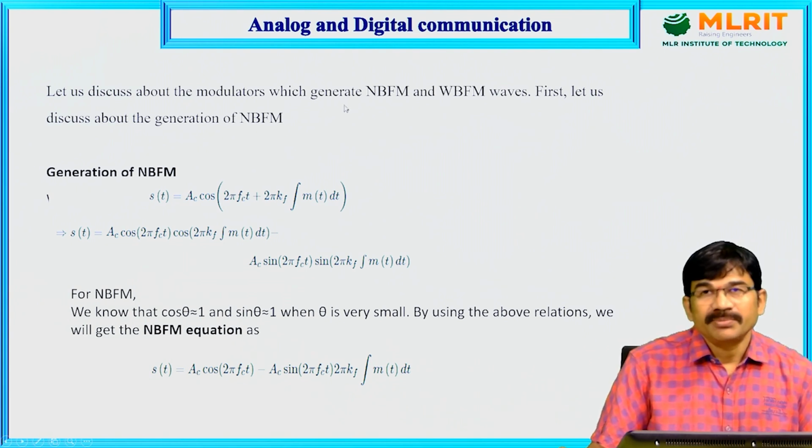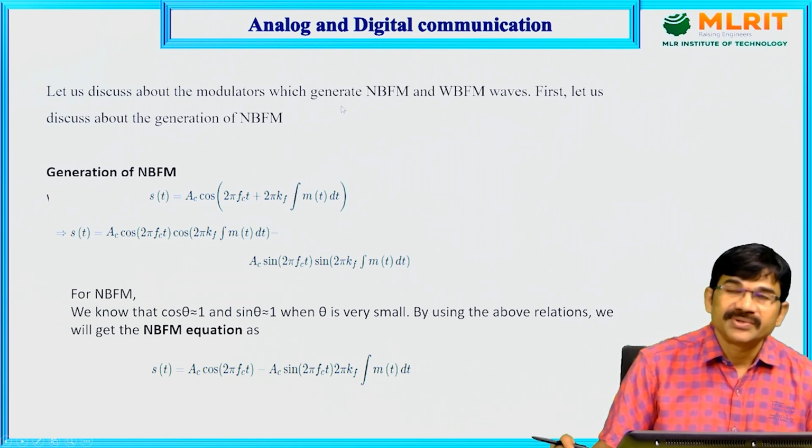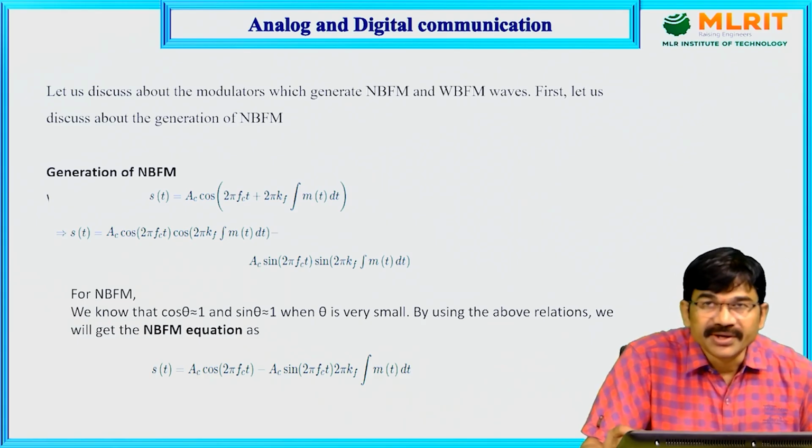The narrowband FM is similar to the AM modulator. The expression we are getting is similar to AM. So how are we classifying? First of all, we are classifying based on the value of beta. Beta is the modulation index in FM.